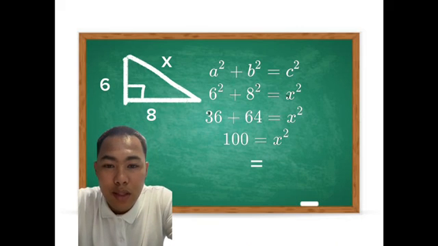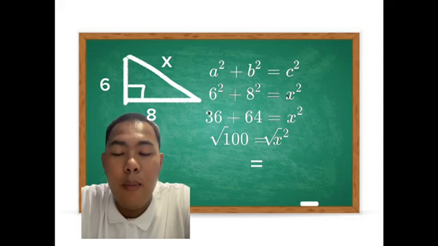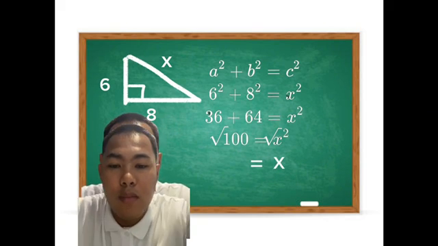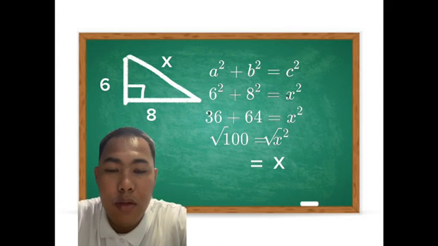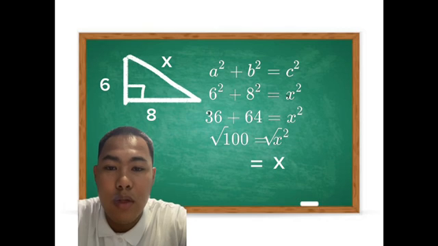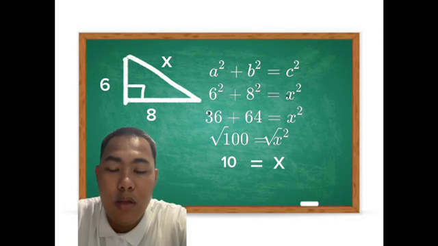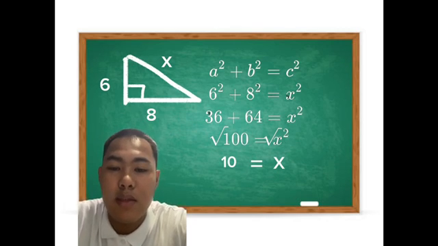Now, to get x by itself, since x is squared, we take the square root of both sides of the equation. On the right side, the square root of x squared is x. And on the left, since 100 is a perfect square, or 10 times 10, the square root of 100 is 10, so 10 equals x.